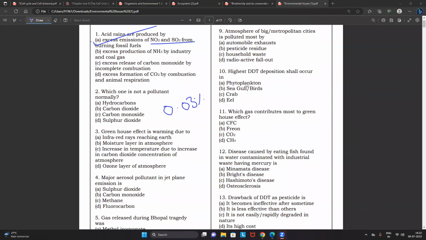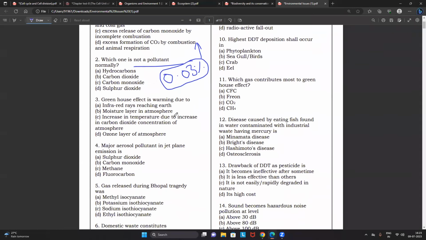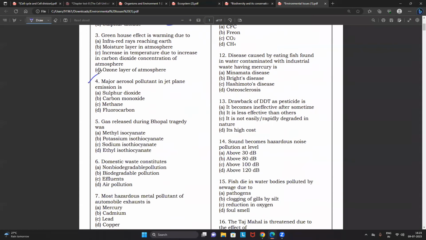If the carbon dioxide present in the atmosphere maintains this 0.03%, no problem. If the level gets elevated above 0.03%, it will become a pollutant. Then it will act like a major greenhouse gas. I hope you got the point correctly. Good, very good.